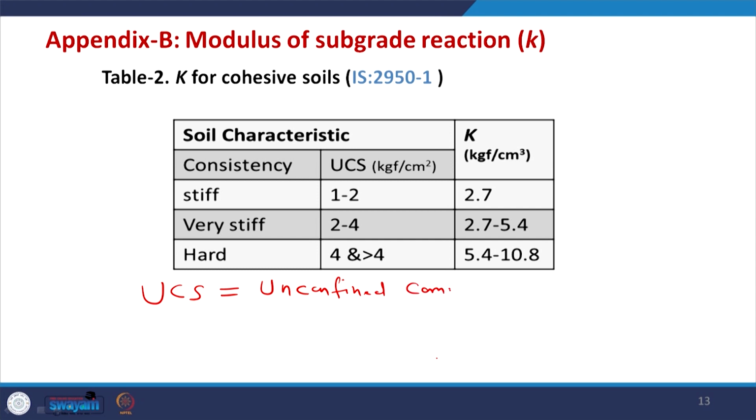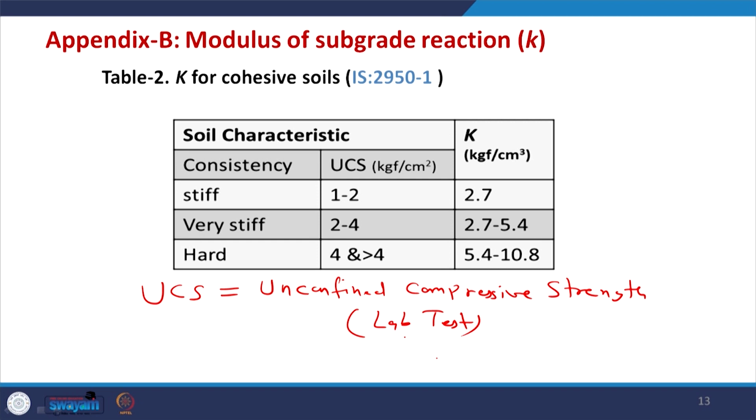UCS can be found using a lab test, because you will require a laboratory test to get this value. You collect the sample from the field, test it in the laboratory and find the value of UCS.